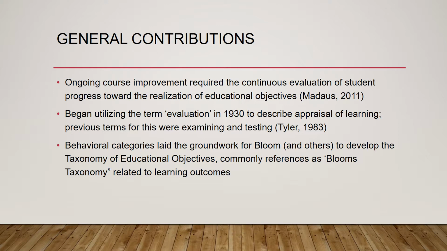So we really have that feedback loop process taking place that he advocated. Like I've mentioned, he did begin utilizing the term evaluation in 1930. Prior to that, terms related to that were evaluation and testing rather than evaluation. So he really began the utilization of that term.